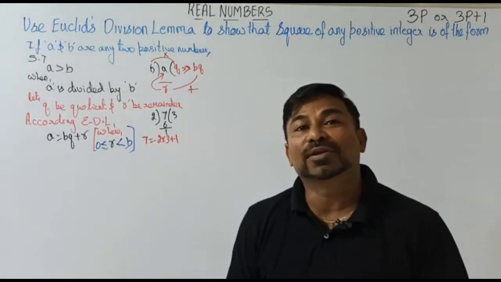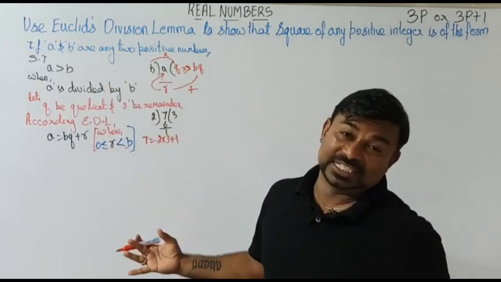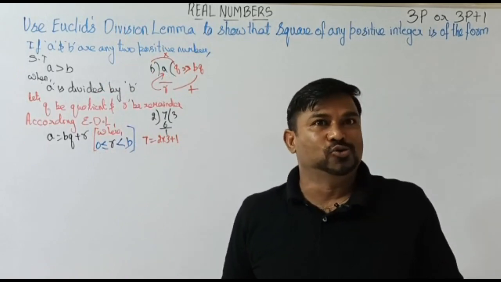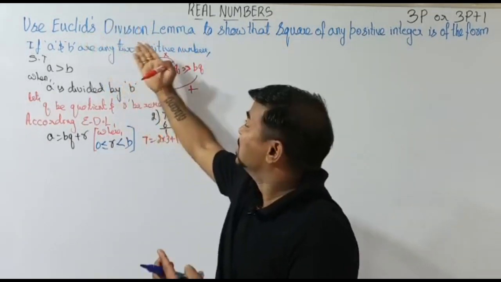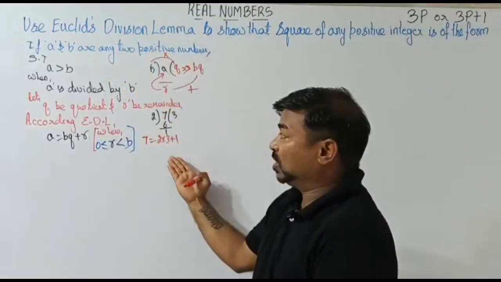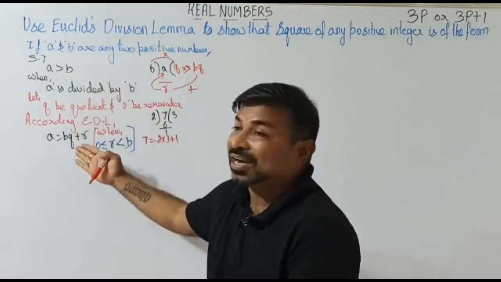This is the condition given by Euclid, so this is Euclid's theorem. Lemma means rule, a rule of division. If A is greater than B, and A is divided by B, we get this.